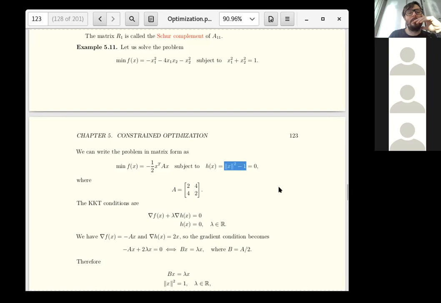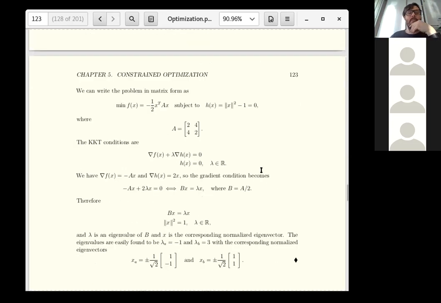So we can write it as norm of vector x squared minus 1 equals 0. So this is a quadratic function whose minimum is to be found on the unit circle. We can express these KKT conditions as follows in vector format. Well, there's only one lambda there, and the h of x must be 0.